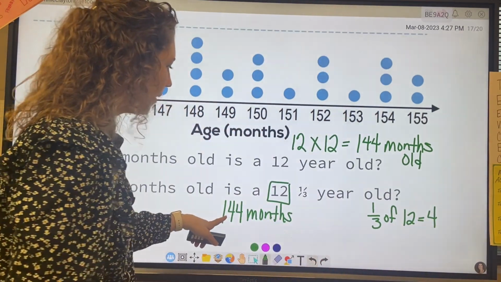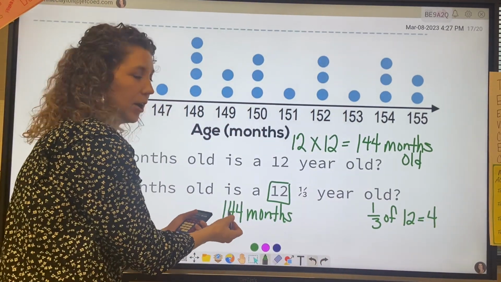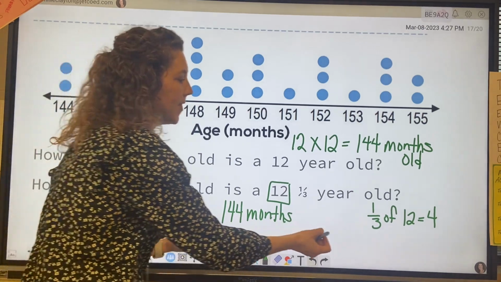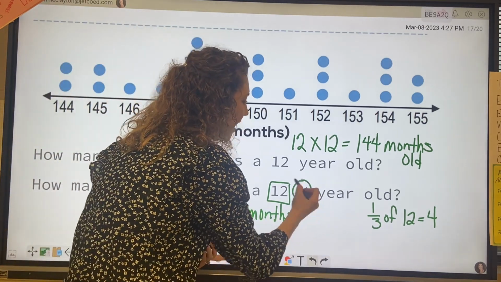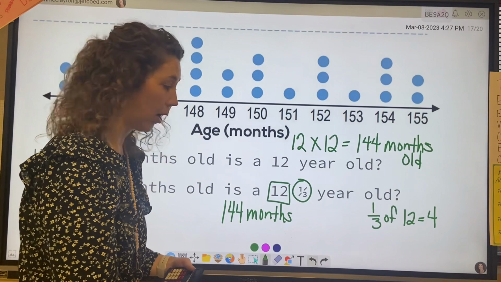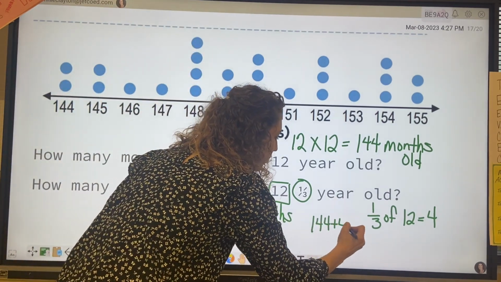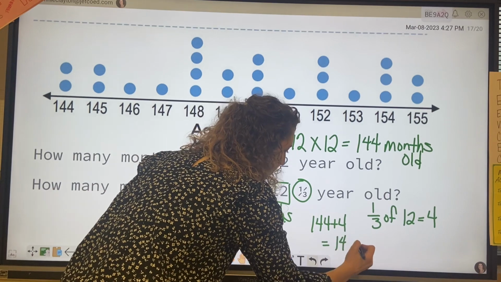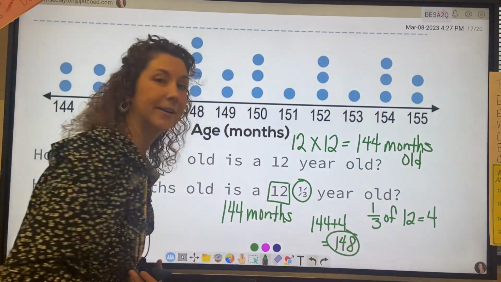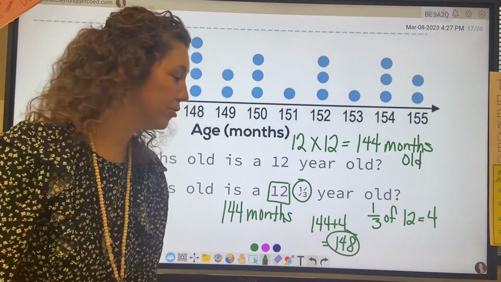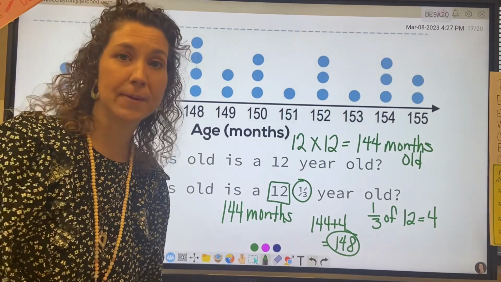So on your 12th birthday, you're 144 months old, but then 1/3 of a year later, you're going to add 4 more months to how old you are. So 144 plus 4 more months, you're going to be 148 months old. A month later, you'd be 149 months old, and then 150 months old.